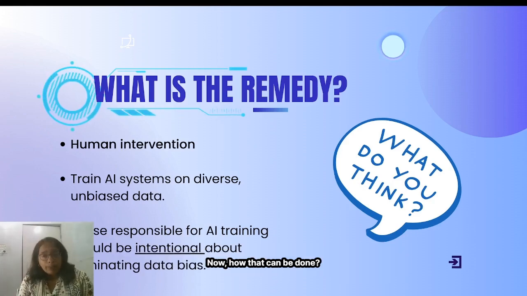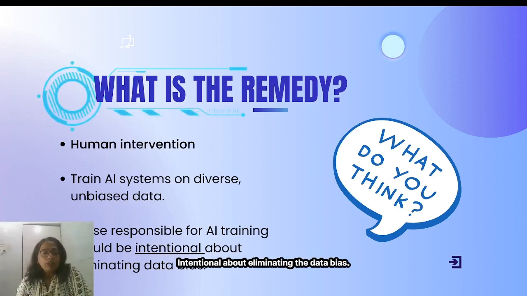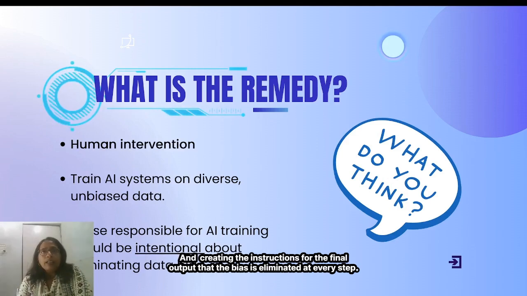Now, how can that be done? For doing that, the people who are responsible for AI training should be intentional about eliminating the data bias. They should check at each step of choosing the data set, cleaning and checking it for consistency, and designing the algorithms and creating the instructions for the final output, that the bias is eliminated at every step.